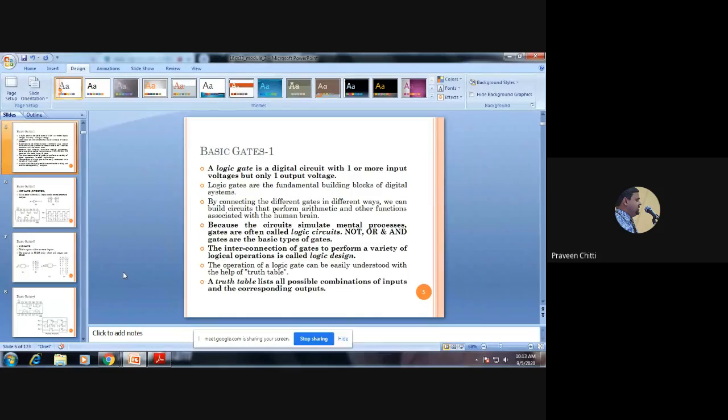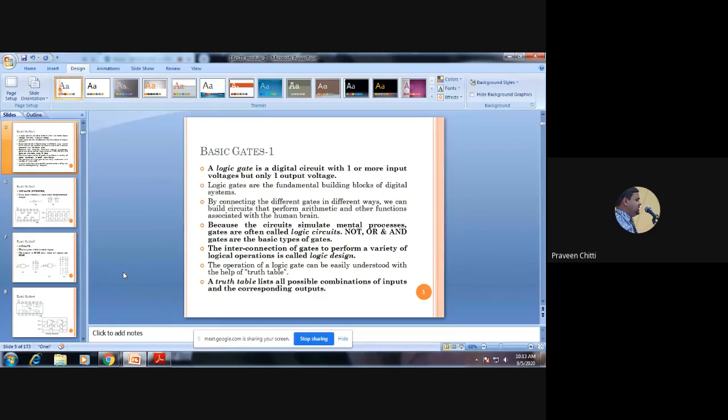In positive logic, higher voltage is used to represent high state and lower voltage is used to represent low state. Whereas in negative logic, it is opposite. That is, high voltage is used to represent low state and less voltage is used to represent high state.